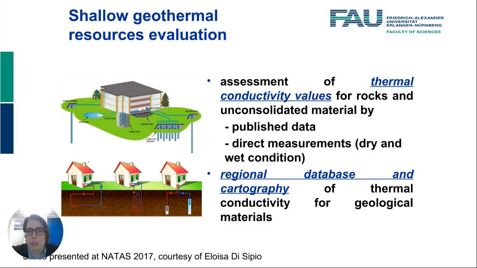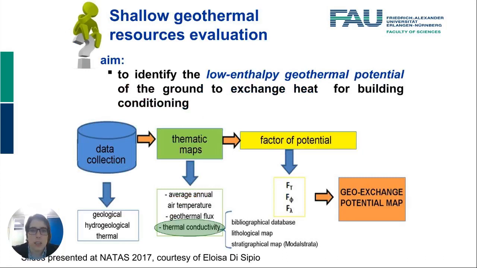The goal of this was to establish a regional database and map basically of the thermal conductivity of geological materials in the region of Italy that was studied. The aim of this mapping exercise is specifically to look at good geological potential for geothermal building conditioning.